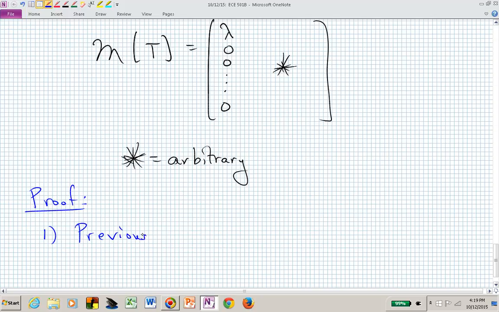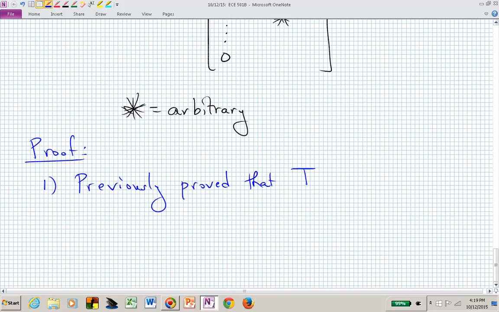Previously, we proved that this linear operator T has at least one eigenvalue.